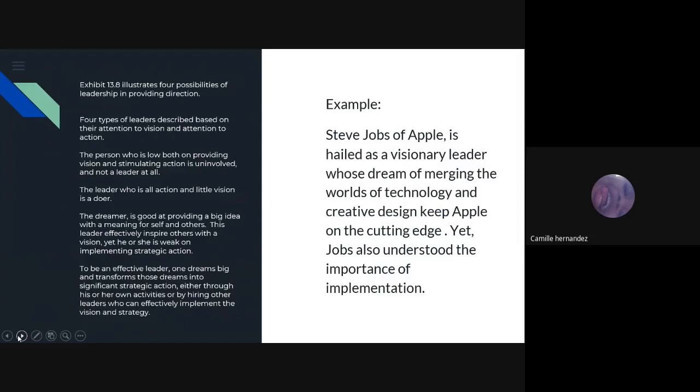Overall, to be an effective leader, one dreams big and transforms those dreams into significant strategic action, either through his or her own activities or by hiring another leader who can effectively implement the vision and strategy.